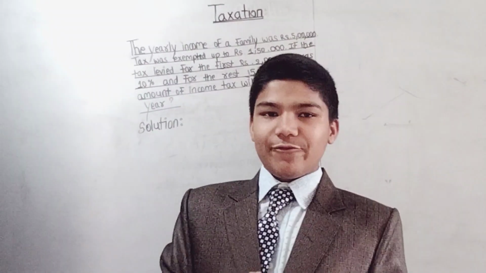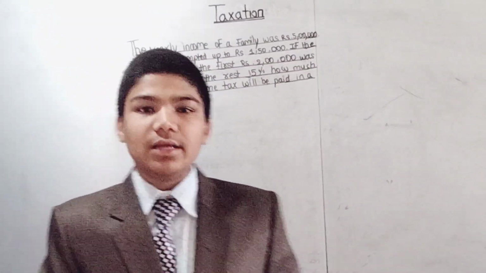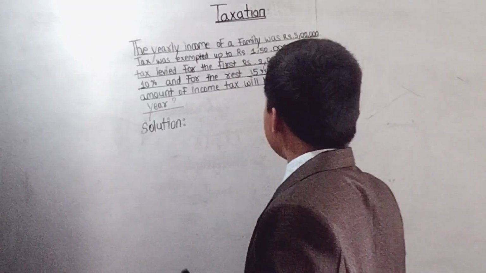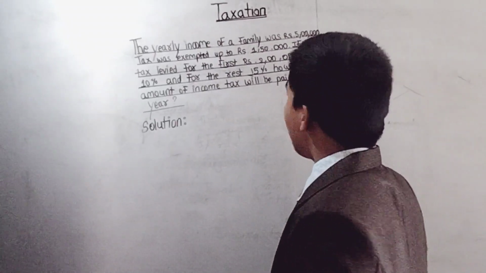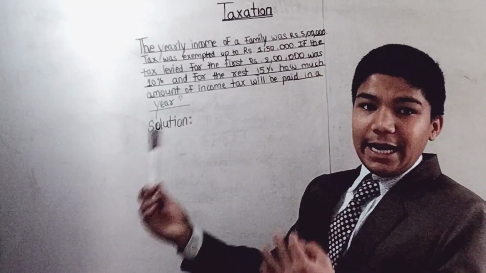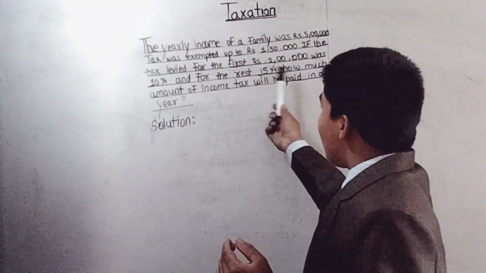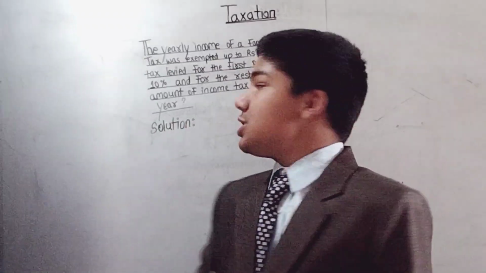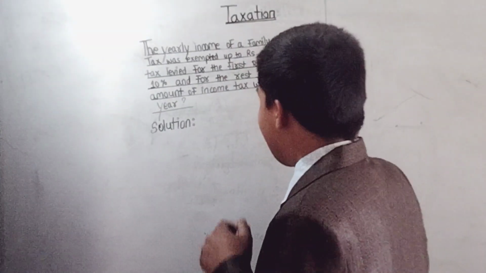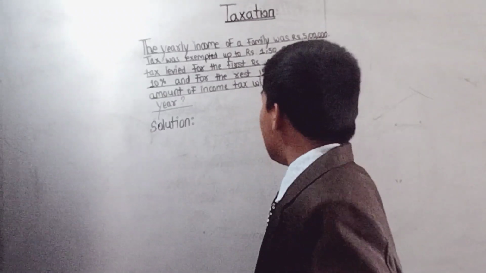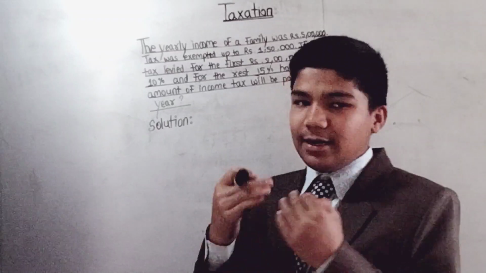So in the question we have a family whose yearly income was 5 lakh, and the allowance is rupees 1,50,000, and the rate of tax for 2 lakh is 10%, and for the rest is 15%, and we are to find the amount of income tax paid in a year.